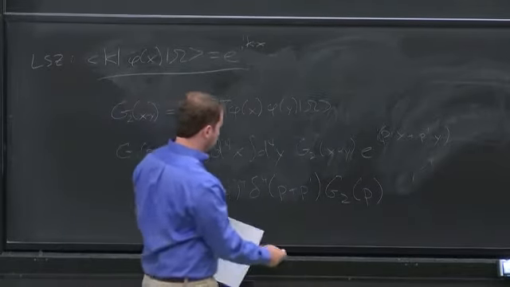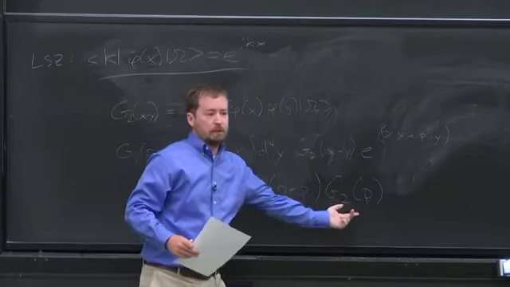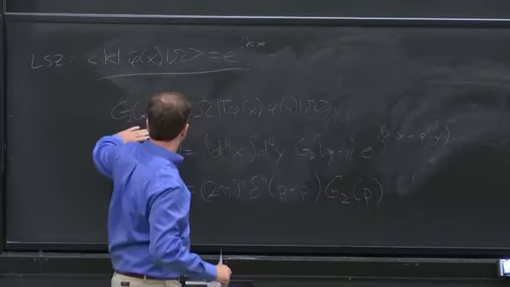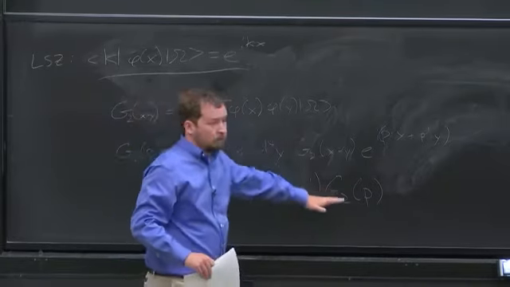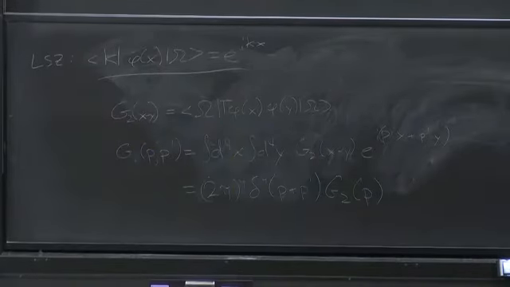Okay. So these are the natural objects we can compute using Feynman diagrams. They're the position space correlation function or its Fourier transform with a delta pulled out.